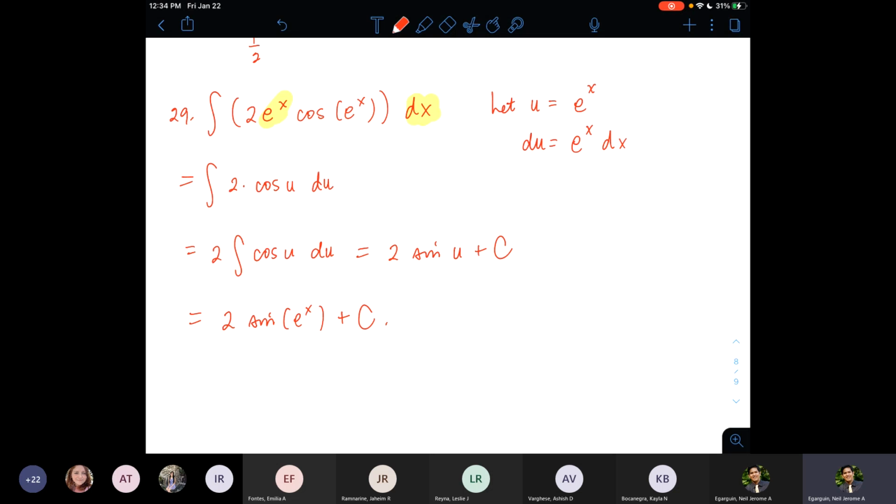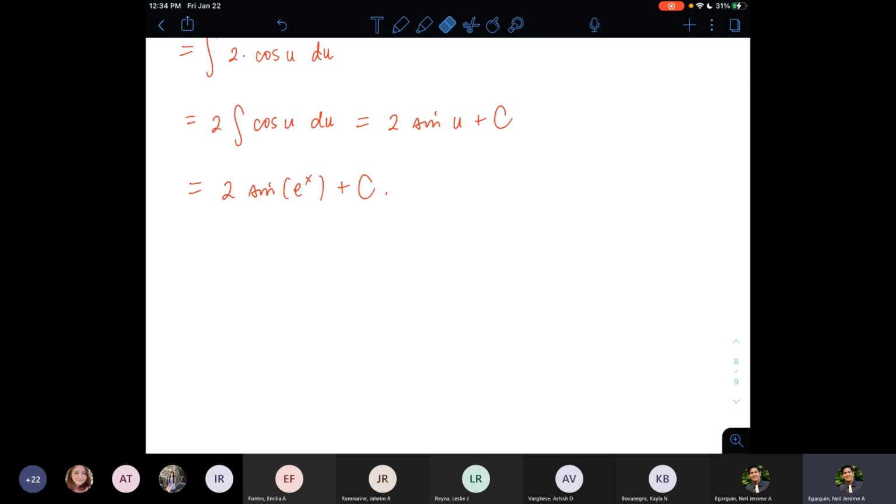It remains inside. That's why I still have cosine u, and u was e to the x in disguise. I relied on the e to the x coming from outside of the cosine, and that's what I used to get the du. Okay, thank you.